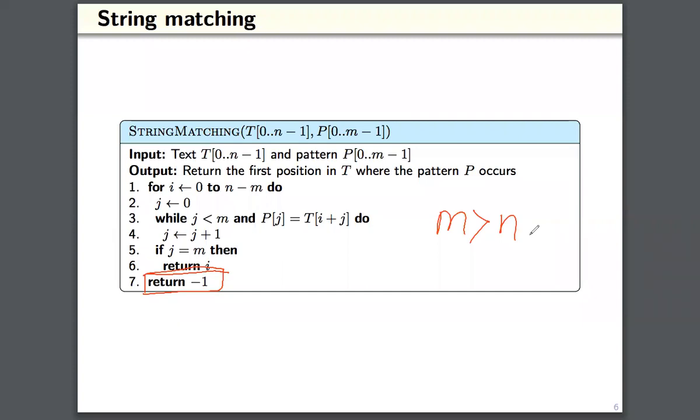Oh, you're right, because you will compare, right? The I will be less than something. If m is greater than n, n minus m is what? Less than 0, right? That is negative. Hence, it will not go into this for loop, and will return -1. Make sense?